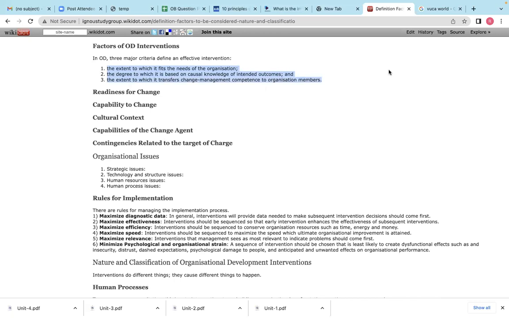Two, the degree to which it is based on causal knowledge of intended outcomes. Okay, so the outcome that it is going to deliver, and what kind of awareness you have of the intended outcomes.